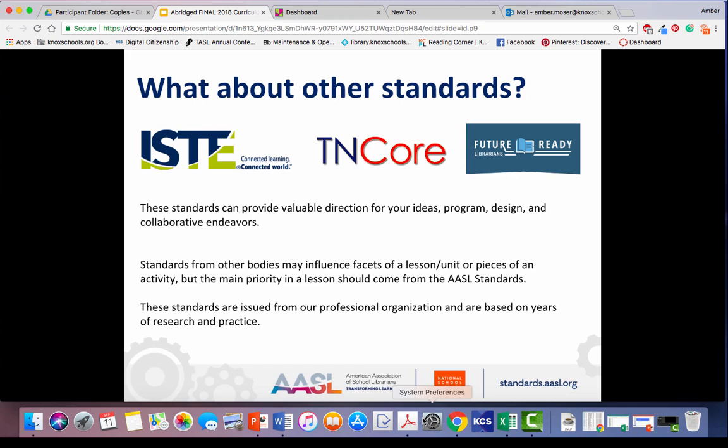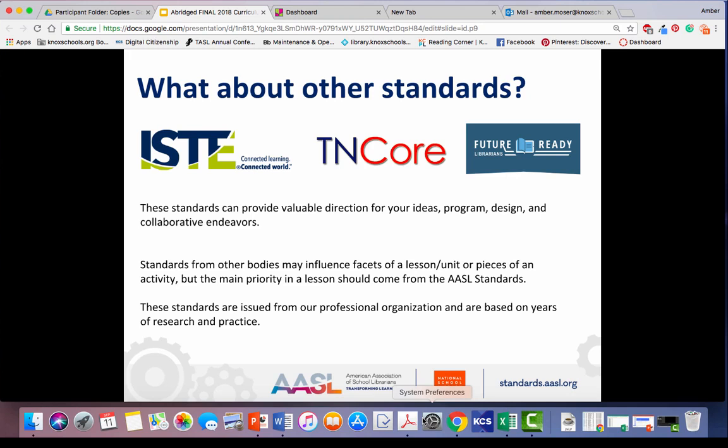But when we are thinking about instruction, and that instruction can occur with students or teacher adults, we want to make sure that we are pulling from the National School Library Standards for Learners issued from AASL.